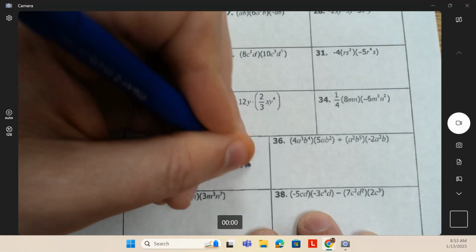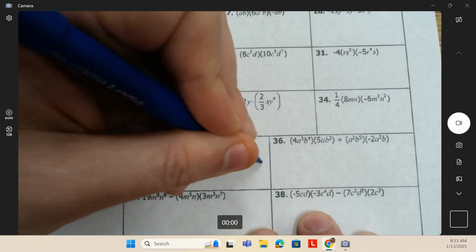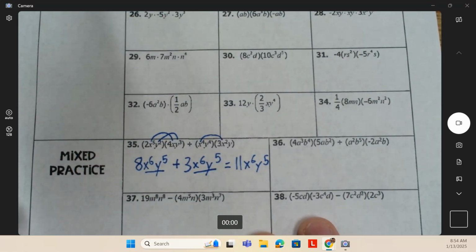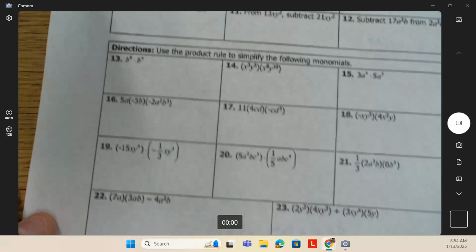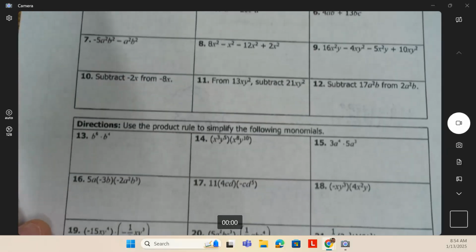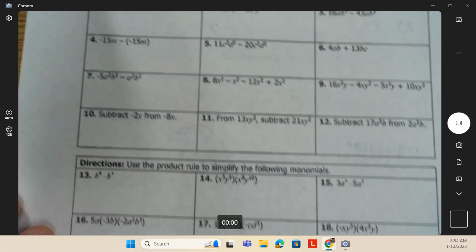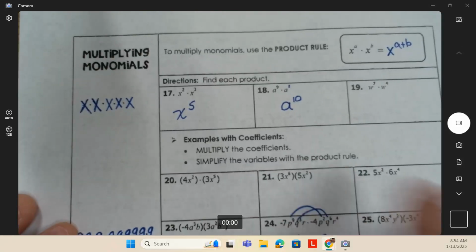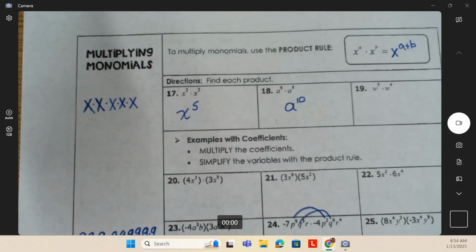So 11 x to the 6th, y to the 5th. That goes the same throughout. You've got ones that get a little more complicated as you go on, but continue working through this. Now remember that multiplying rule where you're just adding those exponents.